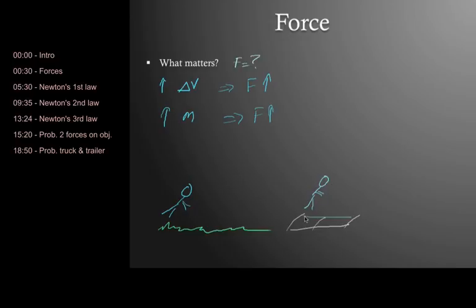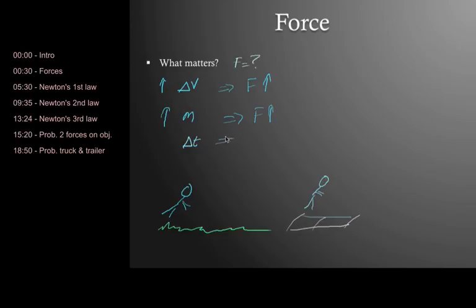One of the reasons could be that the grass is more squishy, and the sidewalk is not squishy. That squishiness means it's going to take more time to slow you down. We worked this out in the kinematic equations, where we talked about acceleration: if you have a shorter time, then your acceleration has to be bigger.